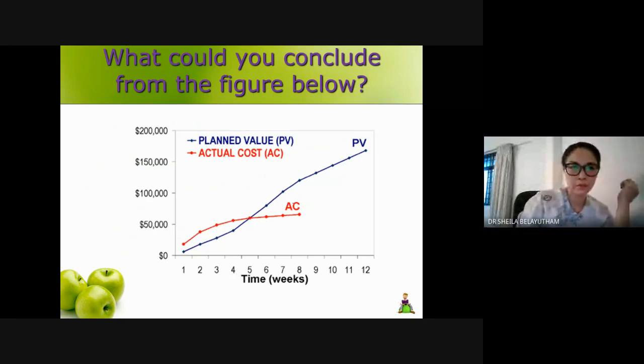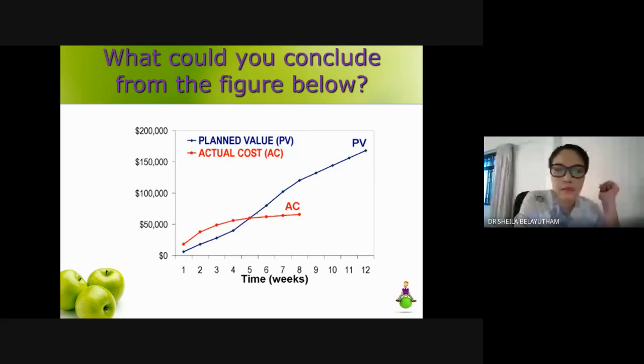This is what I've actually mentioned. Let's say this is the common S-curve that we have. You have your planned value, and some organizations might report based on the actual cost, meaning the sum that you have actually spent on site based on accounting. From here, we can say the project is over budget here, and under budget here.